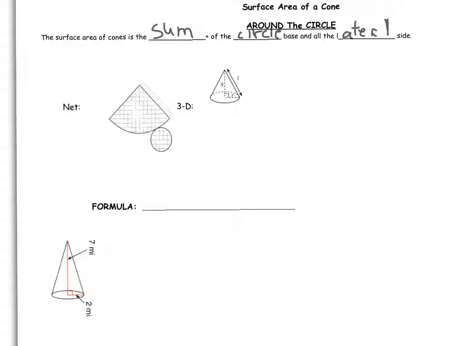So here's the circle. That's the circle base. And then this is called the lateral side. It's just the side of the cone, okay? So for this formula, we are going to be using pi r times the slant height.